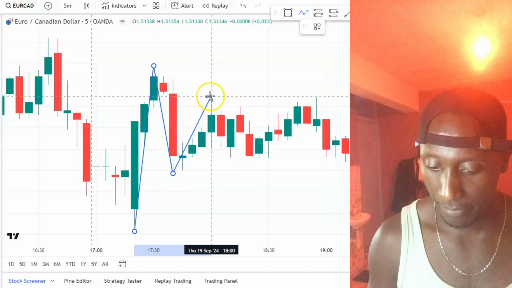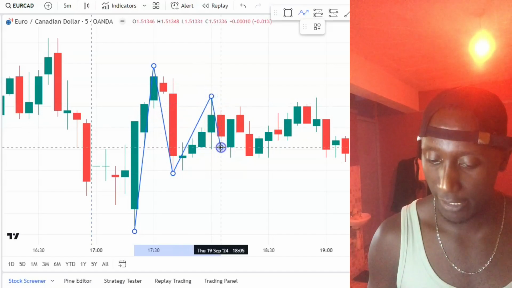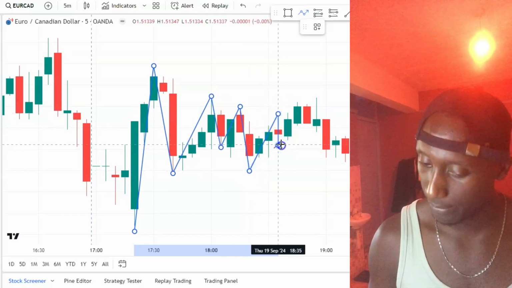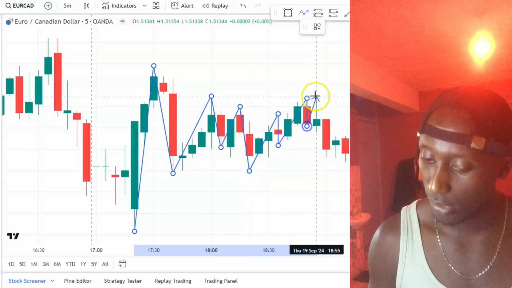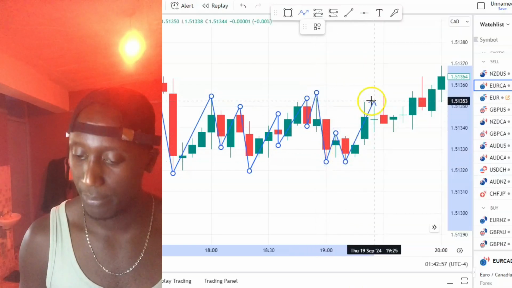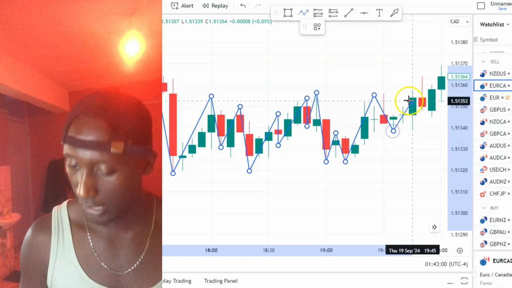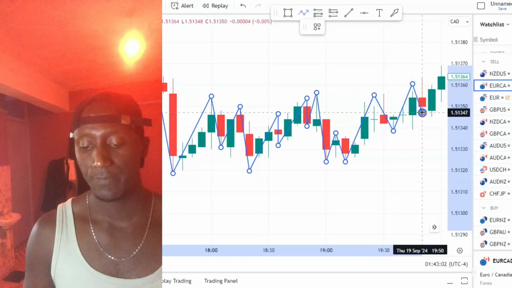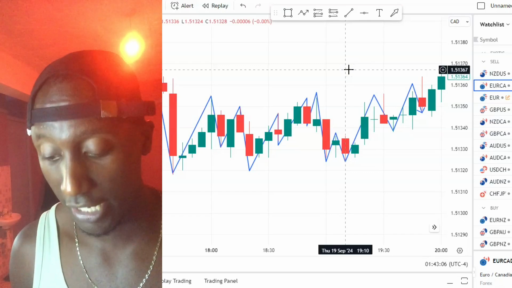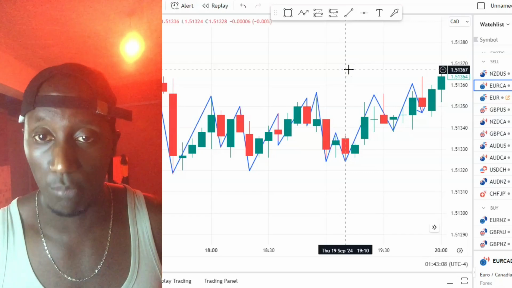Price went up, price went down, repeatedly. This one candle is up, one candle down, 3 candles up, one candle down. That is exactly how you should be analyzing your charts so that you see the price movement.